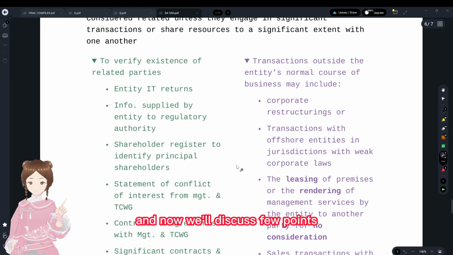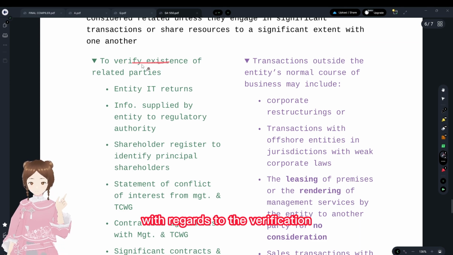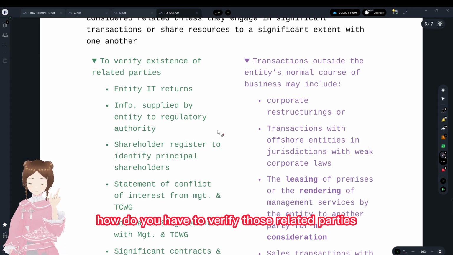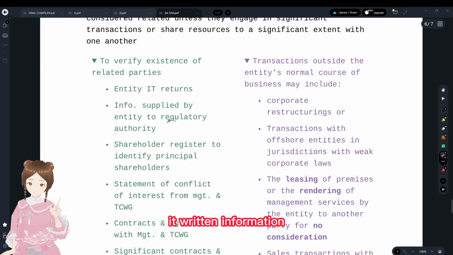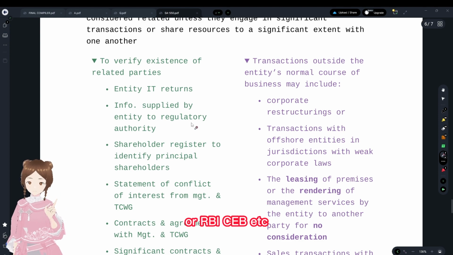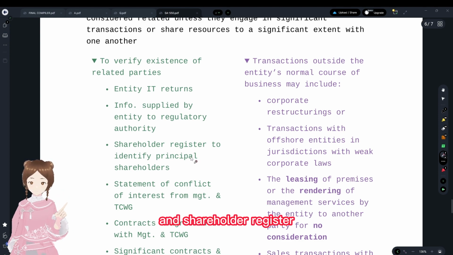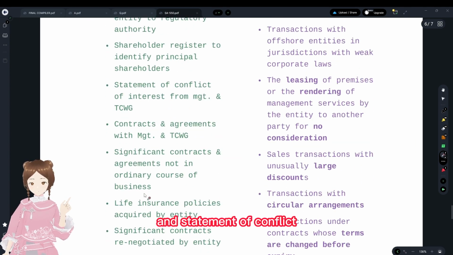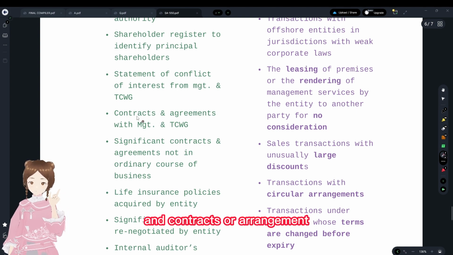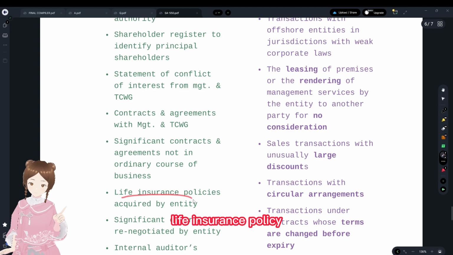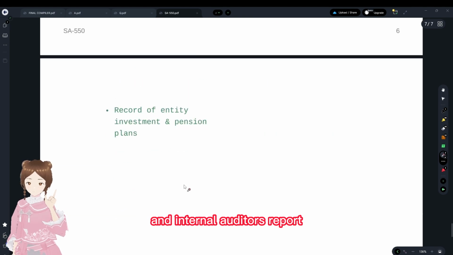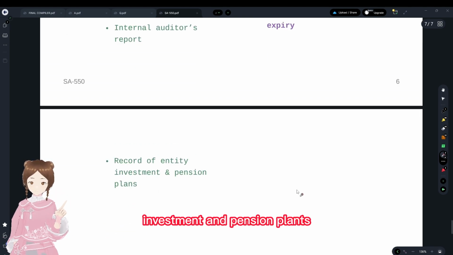And that's it. Now we'll discuss a few points with regards to verification, how to verify the existence of related parties. First, through the entity's income tax returns, information supplied by the entity to regulatory authorities like the registrar or RBI, SEBI, etc., the shareholder register to identify principal shareholders, statements of conflict of interest from management and TCWG, and contracts or arrangements, significant contracts, life insurance policies, significant contracts that were renegotiated, internal auditors' reports, and records of the entity's investments and pension plans.